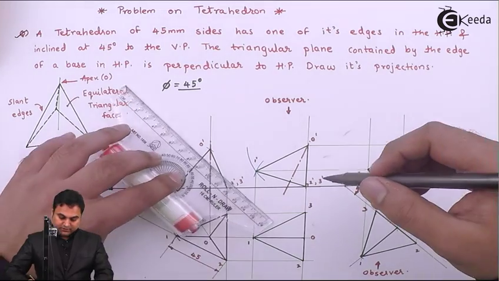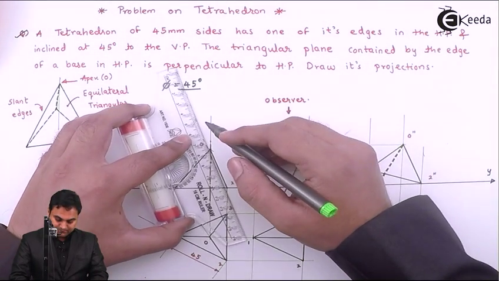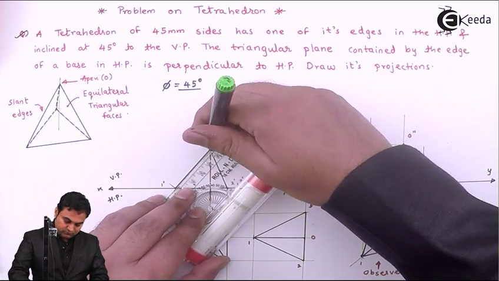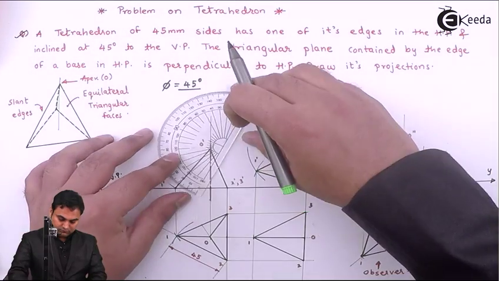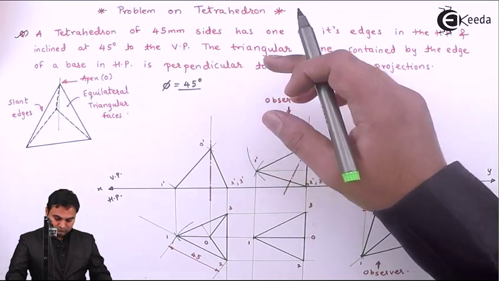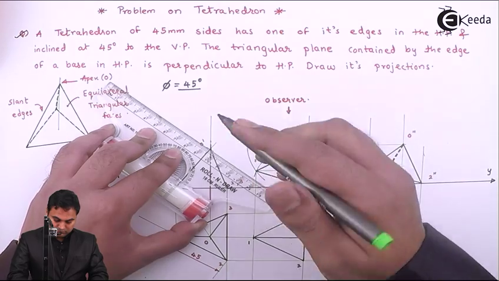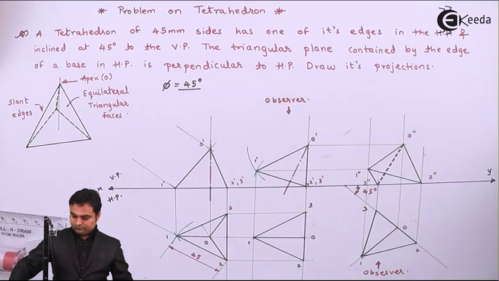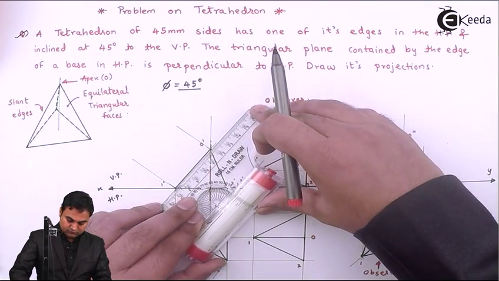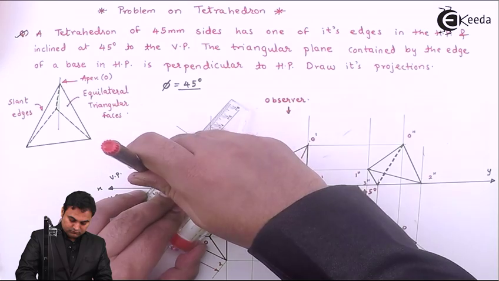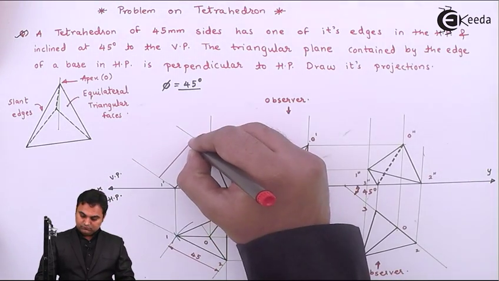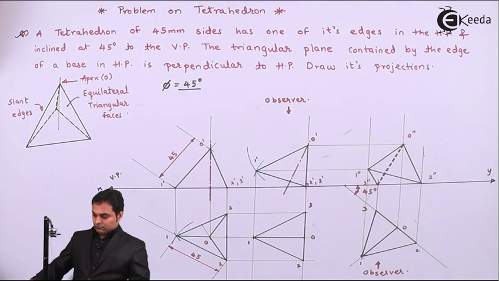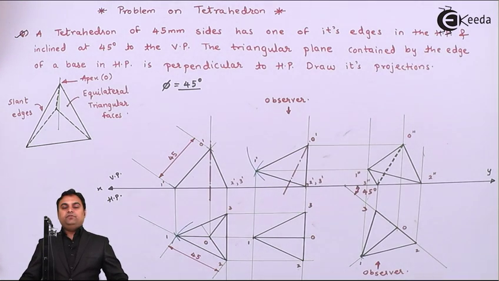Next, even 45 would be marked here. And with this we complete the problem.